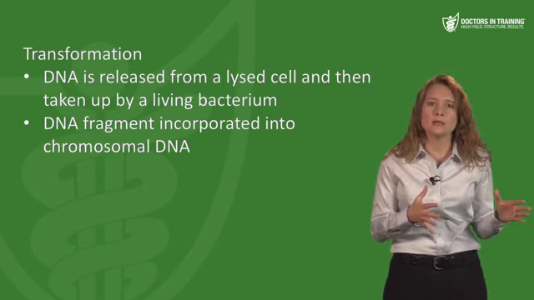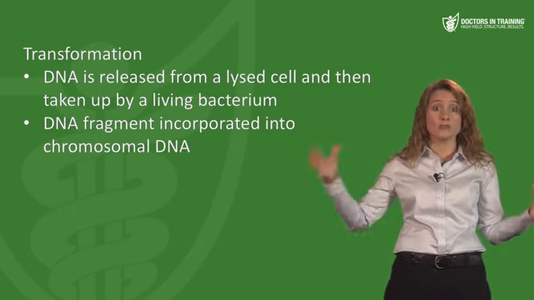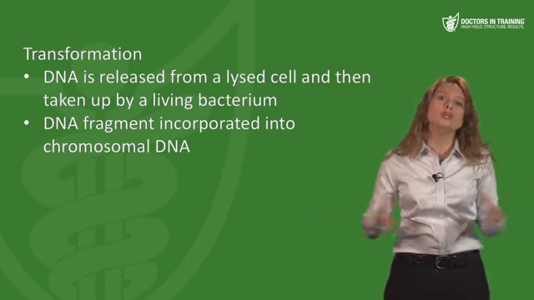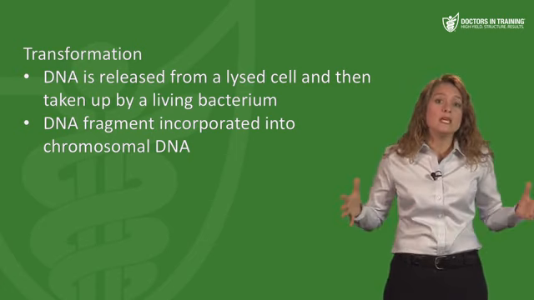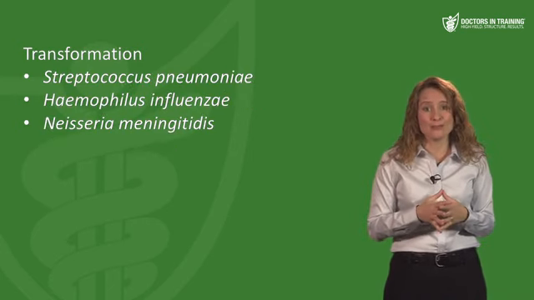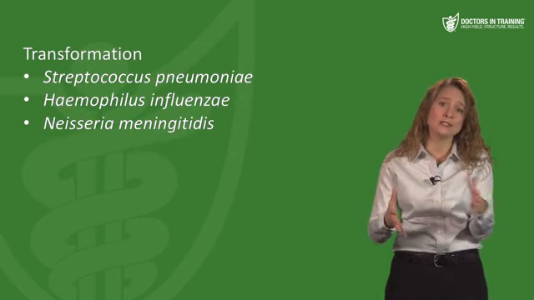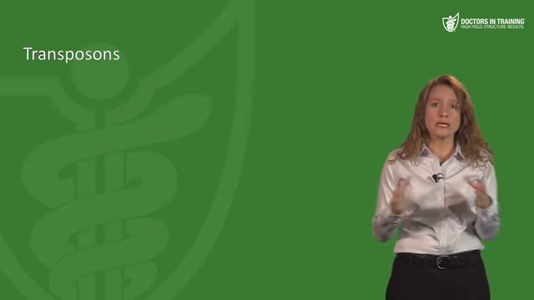The recipient bacterium now has a recombination of its original chromosomal genes with those from the acquired DNA fragments. Transformation is only an option for a few species of bacteria. Interestingly, these include those organisms that we just talked about a few minutes ago: Strep pneumo, Haemophilus influenzae, and Neisseria meningitidis.